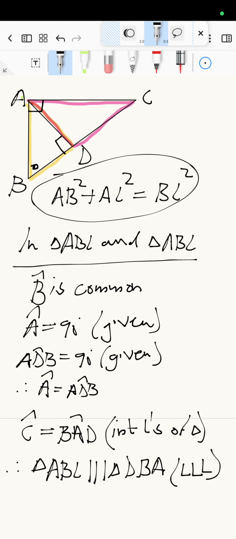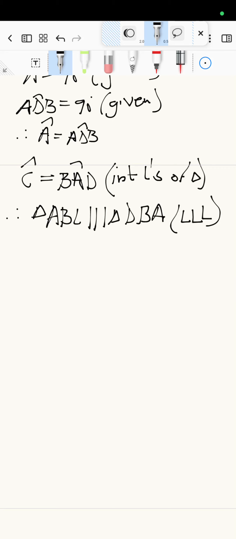Because of our similarity, there are certain ratios that we know. Let's write down our ratios.